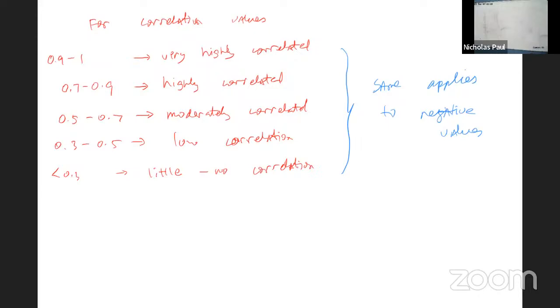Everybody done? Okay, I'm going to give you one, and you just tell me what type of correlation it is. What type of correlation is this? You could work it out with the little table.